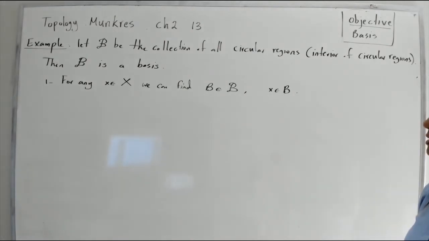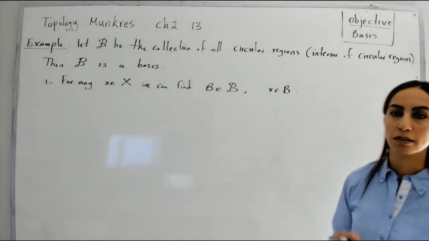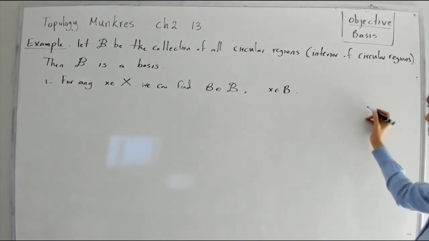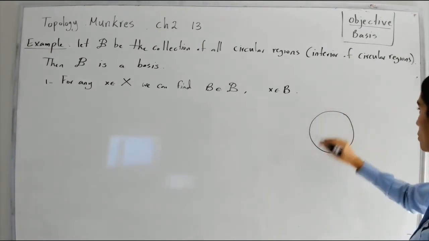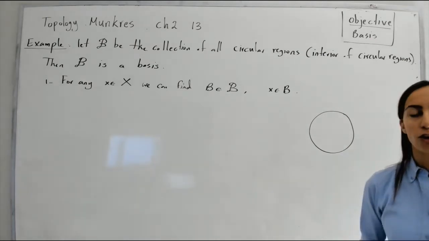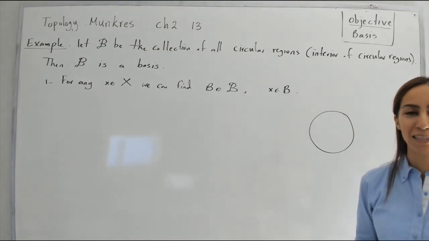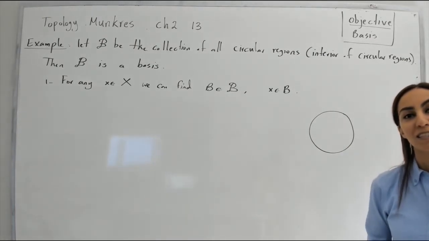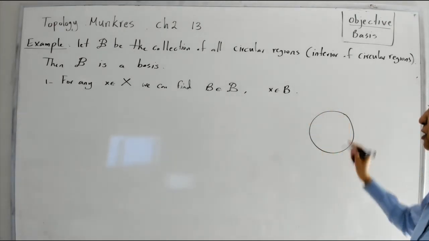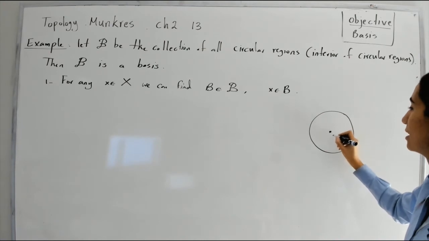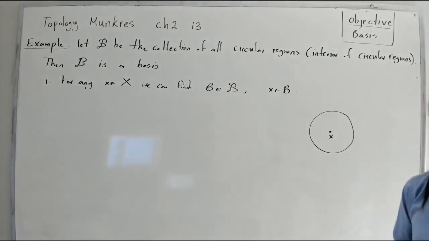Very well, so our space here is the plane. We are working with circular regions in the plane. So for the plane, if we take elements in the plane, we can definitely find circular regions including those elements.